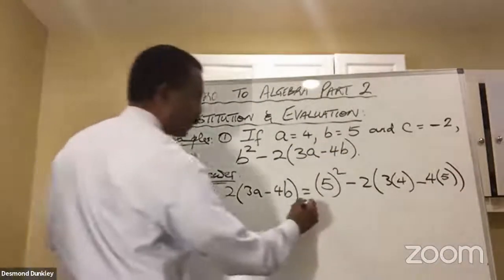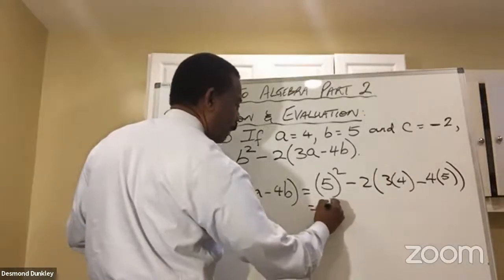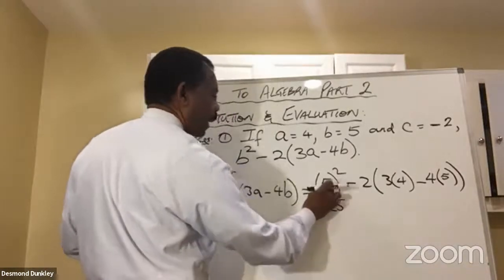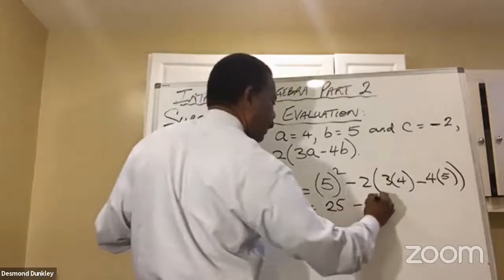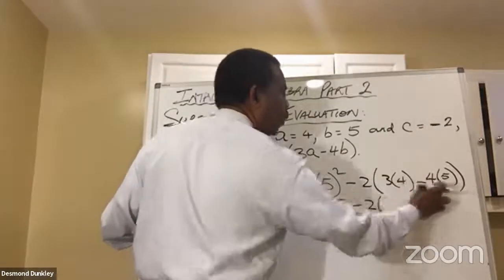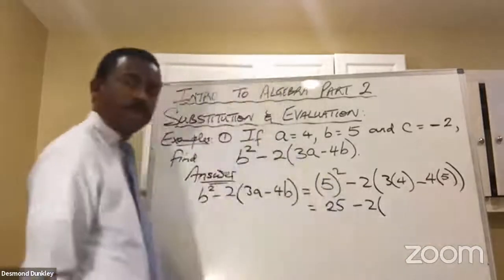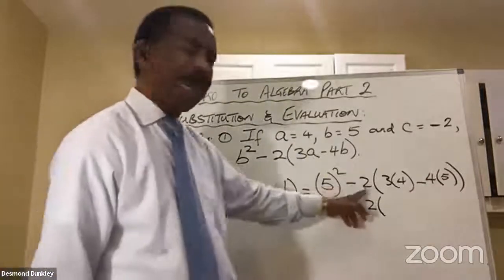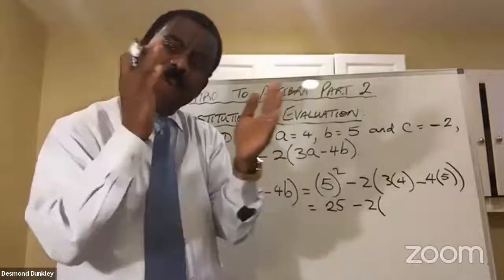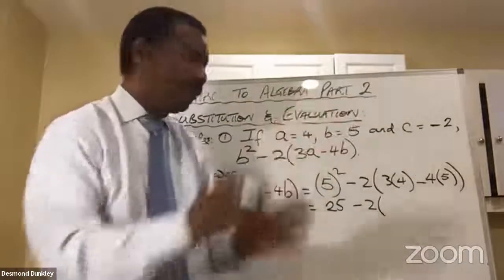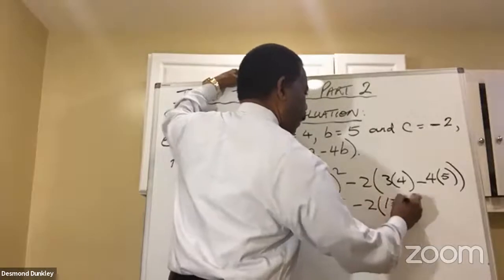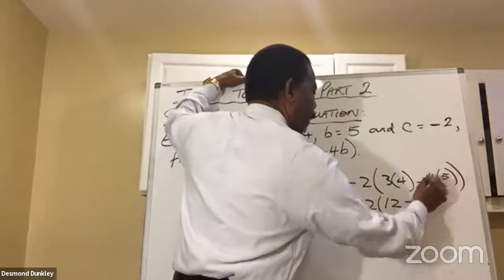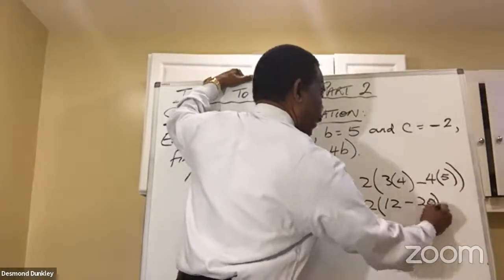So what's that equal to? It's equal to 5 5s, 25. That's what this is, 25. Minus 2 times. I need to work out what's inside the parentheses first before I can multiply by the 2. So parentheses go first, and then we multiply afterwards. 3 4s, 12. Minus 4 times 5 is 20.